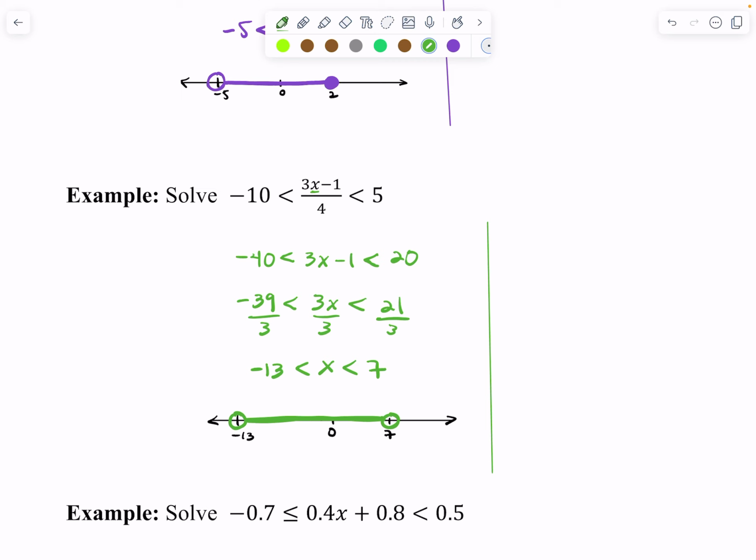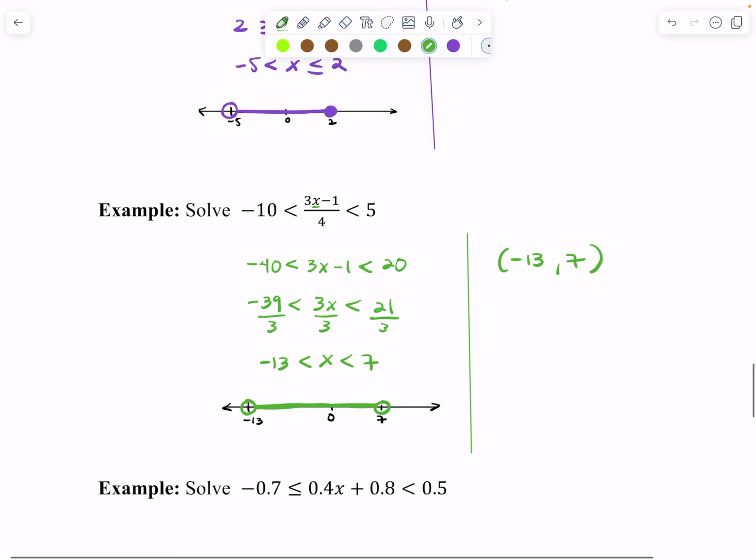And in interval notation, we can just reference our number line or our inequality from left to right. So -13 with parentheses to 7 parentheses because neither endpoint is included as part of the solution set. Meaning, if we plug either of those values in for x, we would get a false statement.